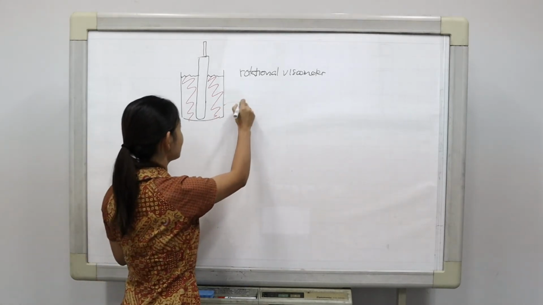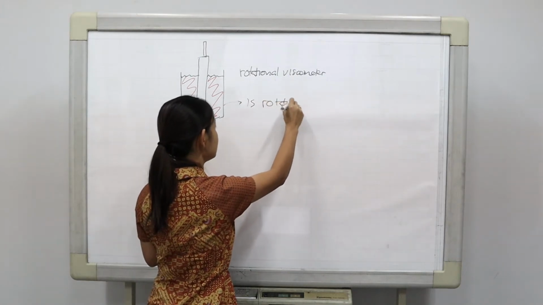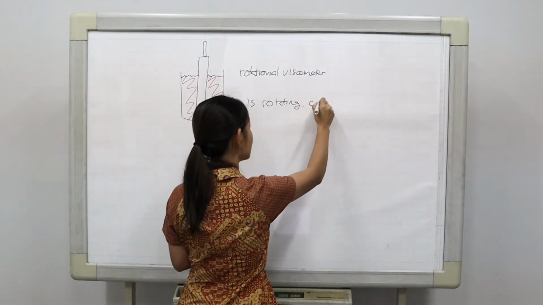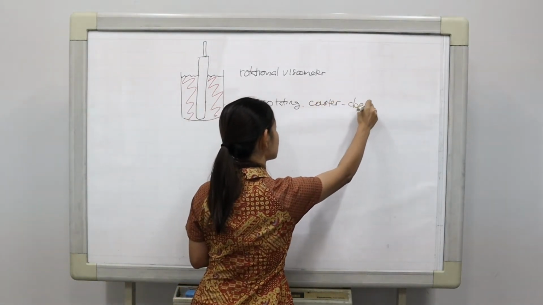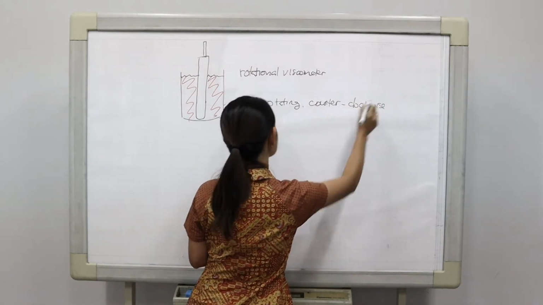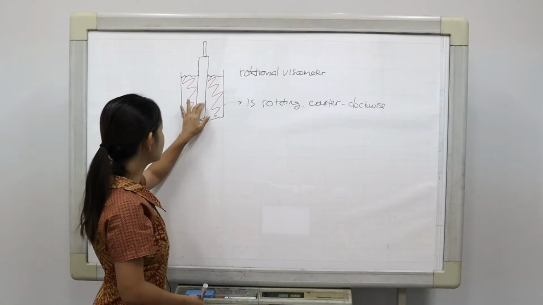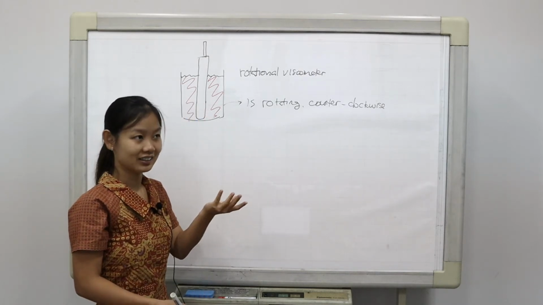So the big cylinder is rotating counterclockwise. So the outer cylinder is rotating counterclockwise, while the small cylinder is stationary.